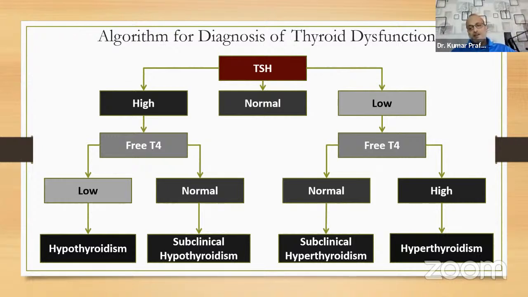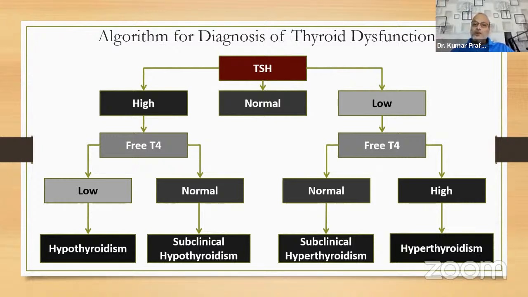That is what we can discuss sometime later. Now, let us move to the other part. TSH was high, it was hypothyroidism. Hypothyroidism can be clinical hypothyroidism when thyroid hormone was low, subclinical hypothyroidism when TSH was high in presence of normal T4.